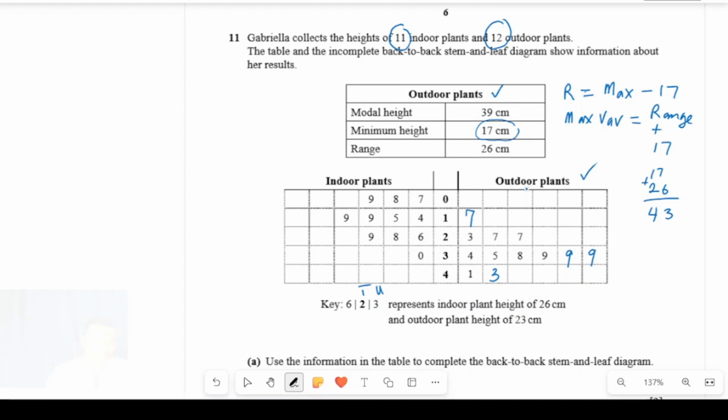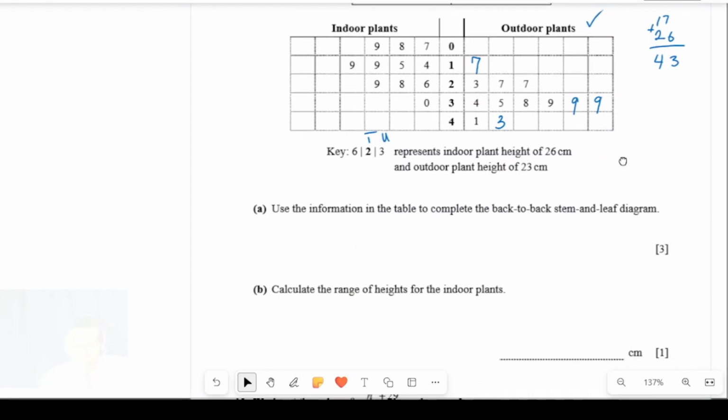So now we were asked to complete the information on the table about the outdoor. So now use the information in the table to complete the back-to-back diagram. We have done that. We've completed the diagram. Now calculate the range of height for the indoor plant.